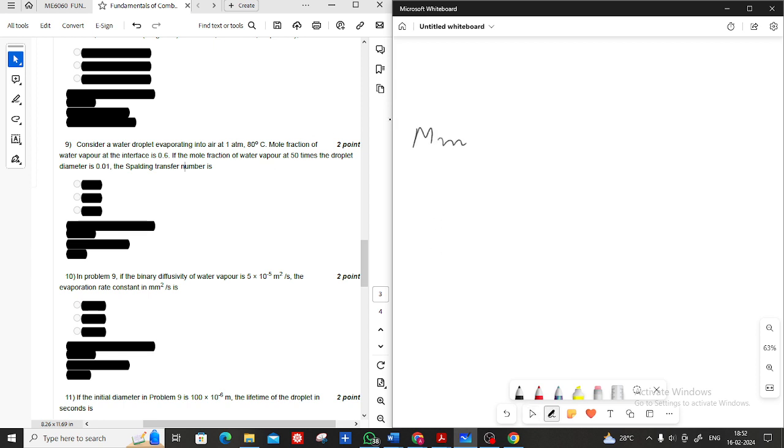Molecular weight of mixture is equal to the summation of xi into mi. This is clear to everyone, right? Because if you don't know how to calculate this, then you won't be able to solve this question.